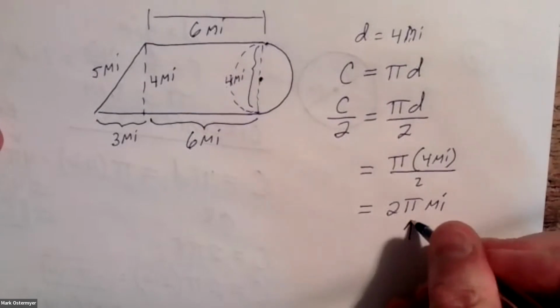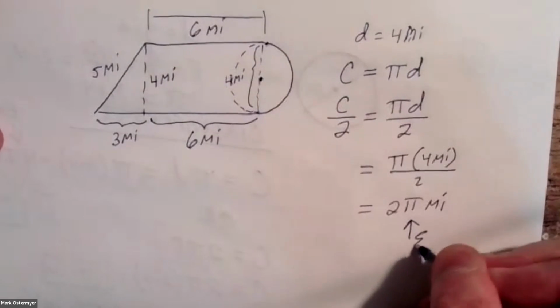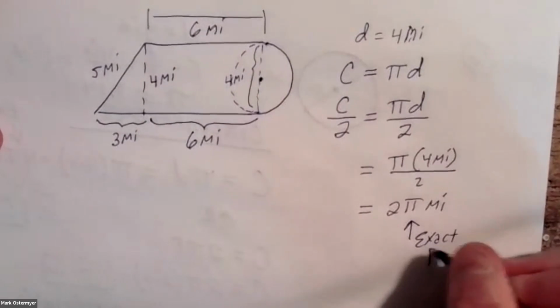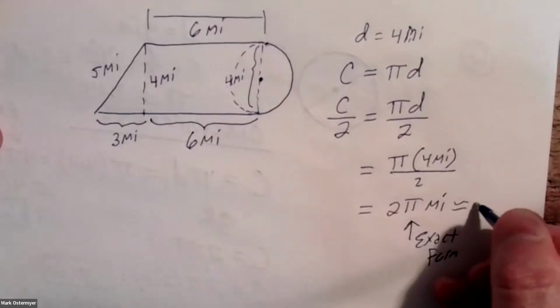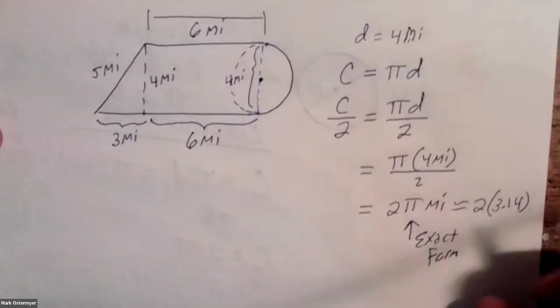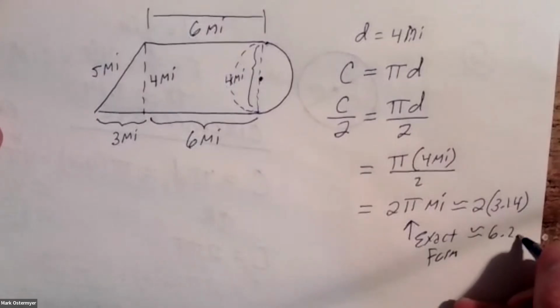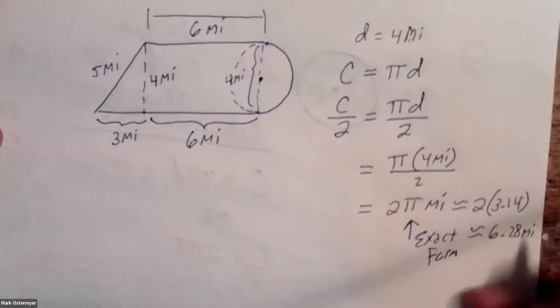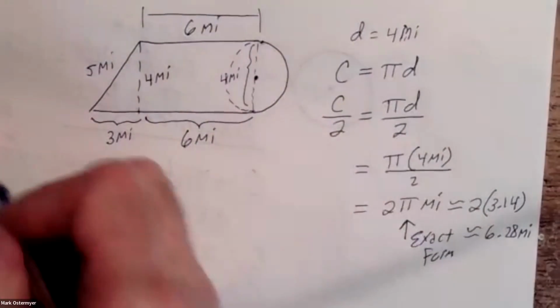This is leaving the circumference of the semicircle in exact form. If you want an approximation, you would replace pi with 3.14. And so 2 times 3.14 would give us about 6.28 miles as an approximate circumference of this semicircle.